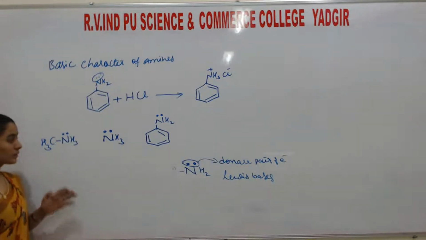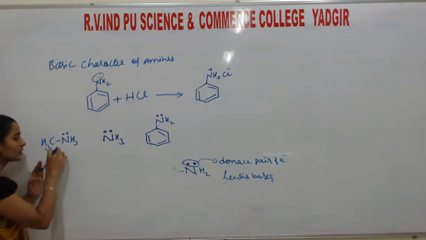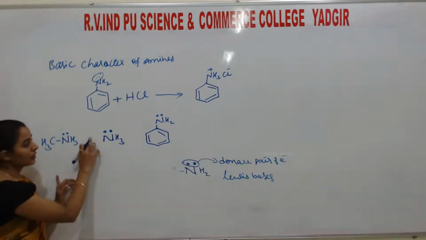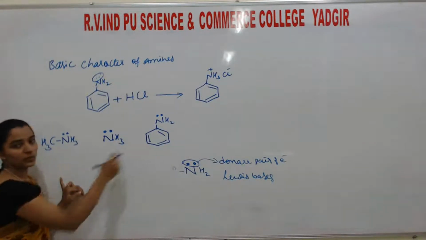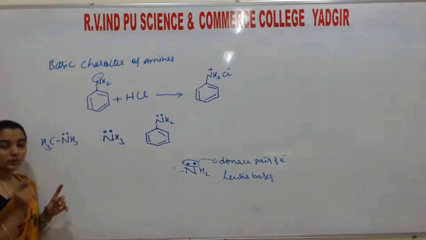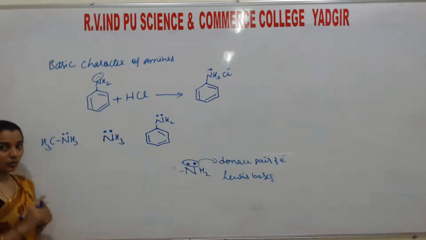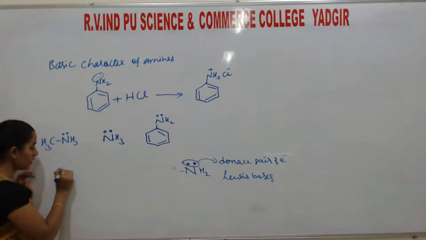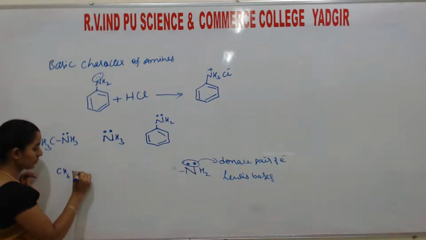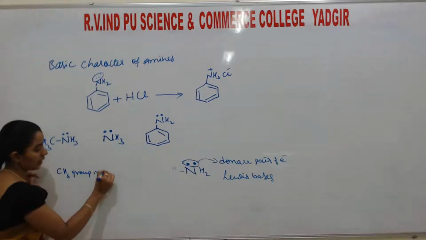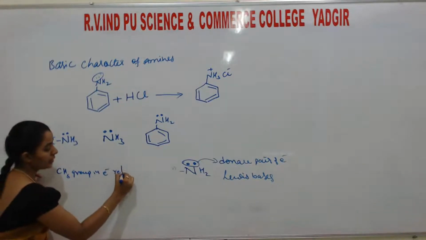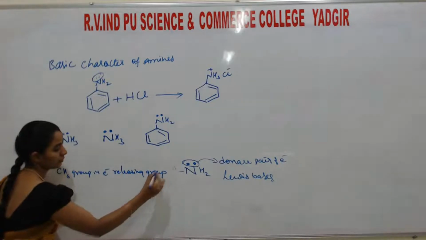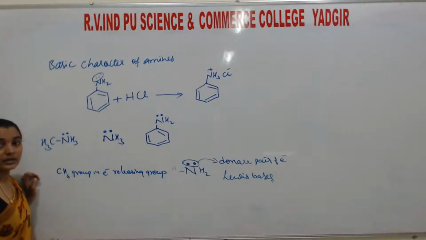Okay, students. So comparing these, which one is more basic? Ammonia is there, methanamine is there, and aniline is there. Among these, which one is most basic and which one is least basic? Listen, this CH3 group is an electron releasing group.